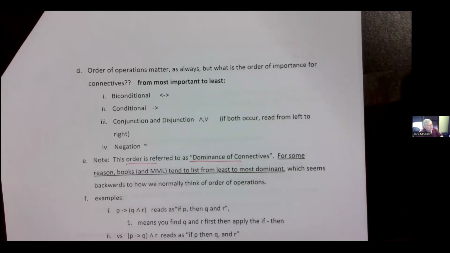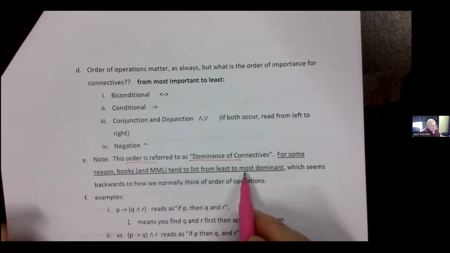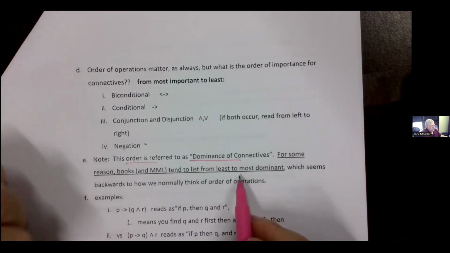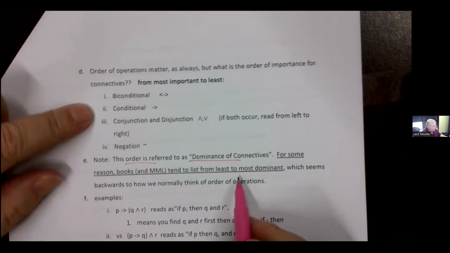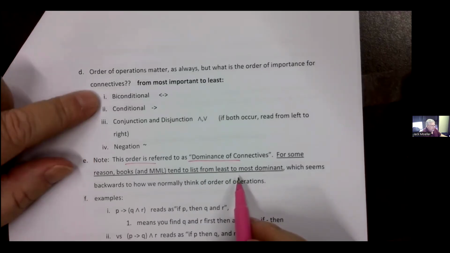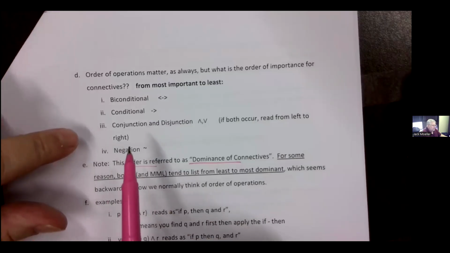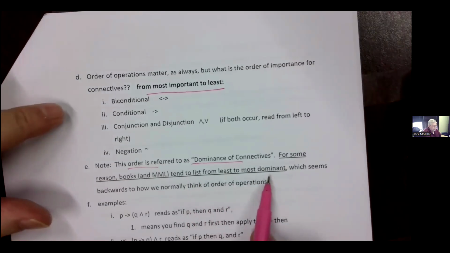One thing I will point out is that when you're reading in the book or in the MATLAB examples, for whatever reason, they tend to go from least to most dominant, which to me is backwards, because in normal operations, we start with the highest priority and work down to the least. That's why we start with grouping symbols and then go to exponents and end up with subtraction. For whatever reason, this topic is normally done in reverse order. They start with the least important and go backwards. So just be aware of that in the book. What I'm telling you now may look backwards from the book because I'm going from most important to least important, whereas the book goes from least to most.